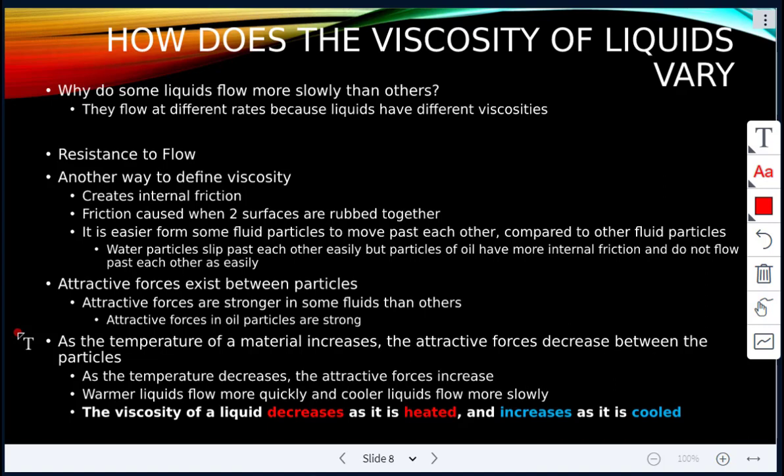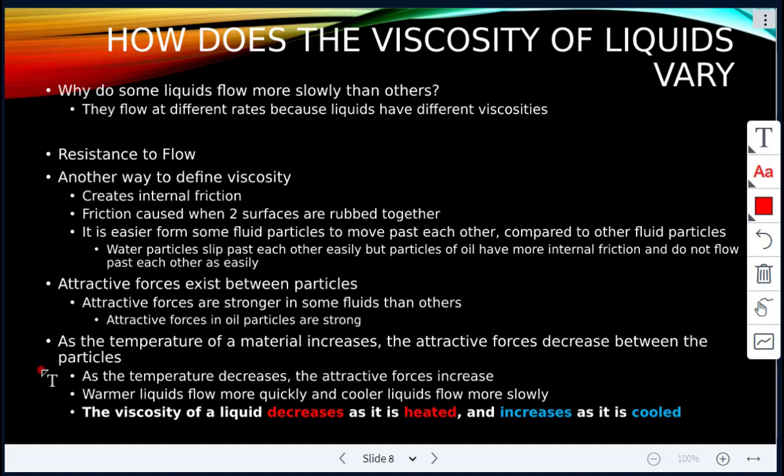It becomes thicker. If you heated it up, if you put that honey into hot water, soon it becomes thinner. So increasing the temperature made it more thin.